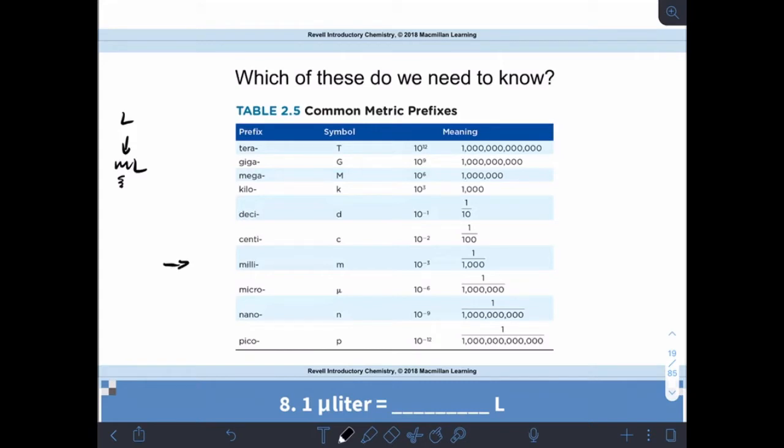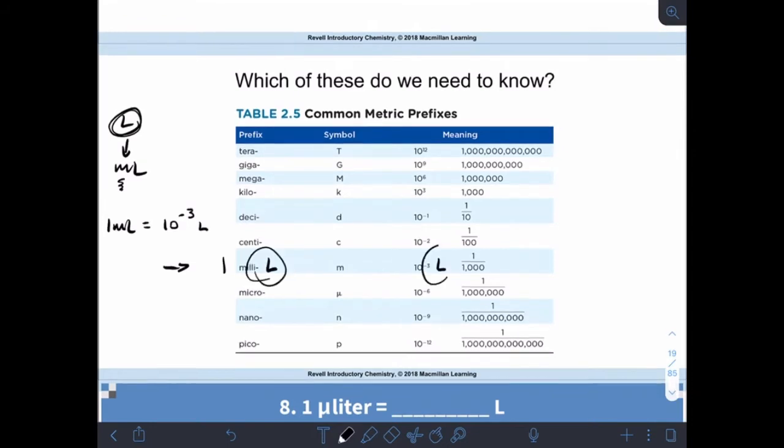So I'm going to say 1 milliliter is 10 to the minus 3 liters. Okay, because liters is the base unit. Milli is a prefix. Okay, so whenever you need to use this table or use those multipliers, this is an easy way to put things on there for practice so you can get used to using this.